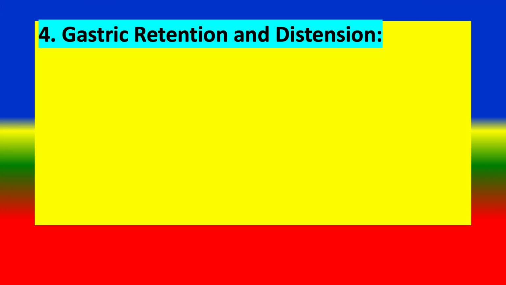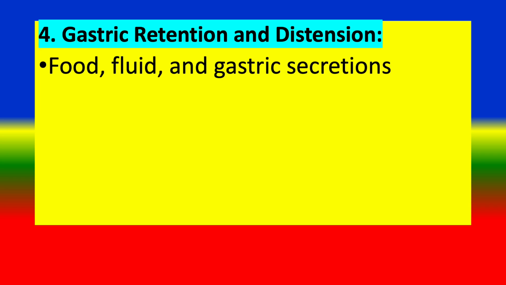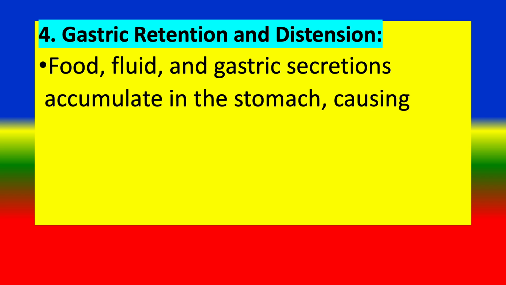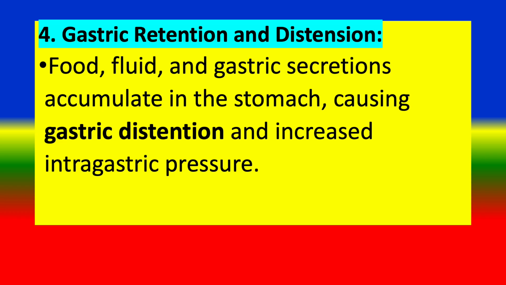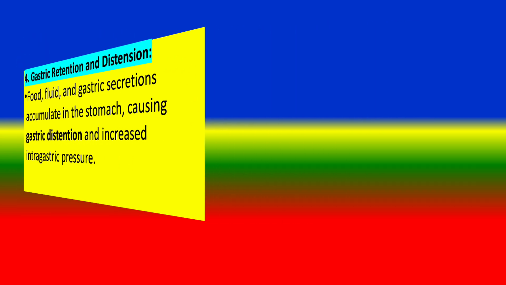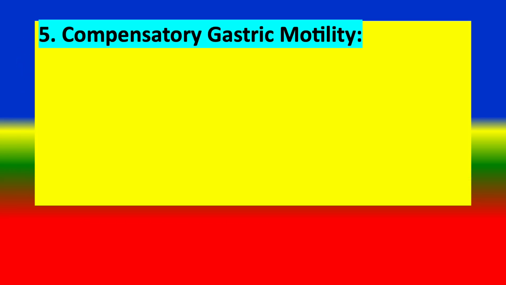Gastric retention and distension: food, fluid and gastric secretions accumulate in the stomach, causing gastric distension and increased intragastric pressure. 5.